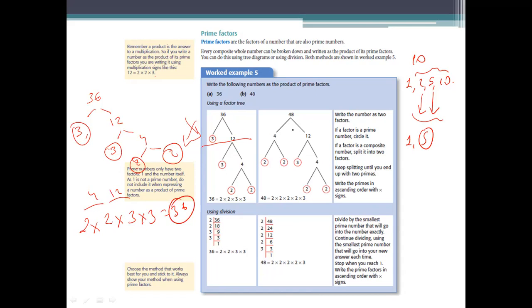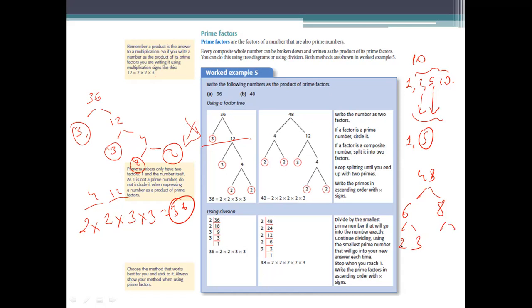Okay, now 48. But maybe you can solve it like this. The factors of 48 are maybe 6 and 8. It's not a problem, you can get the same answer. The factors of 6 are 2 and 3. Also, we have 1, but 1 is not effective.